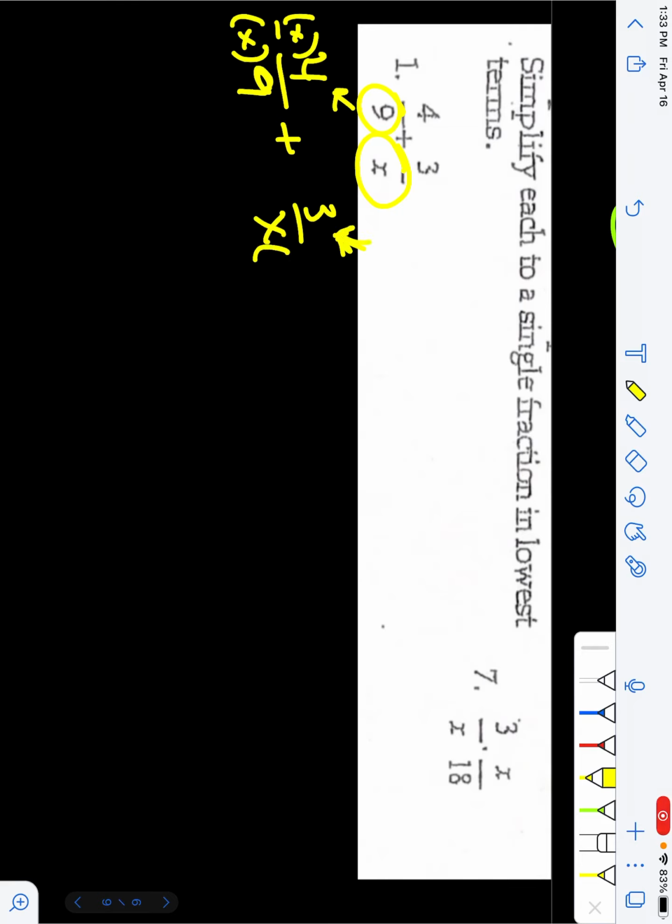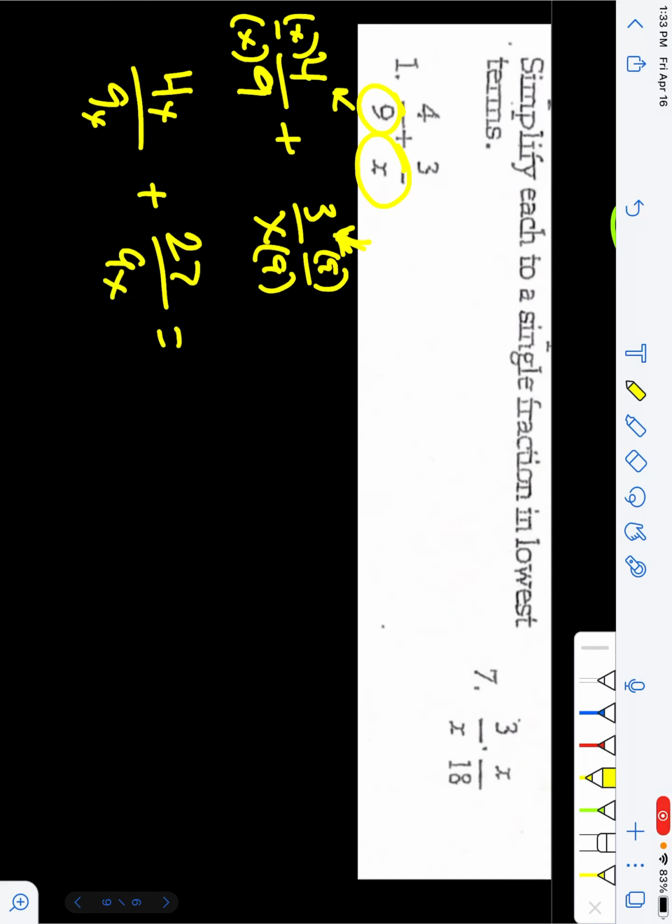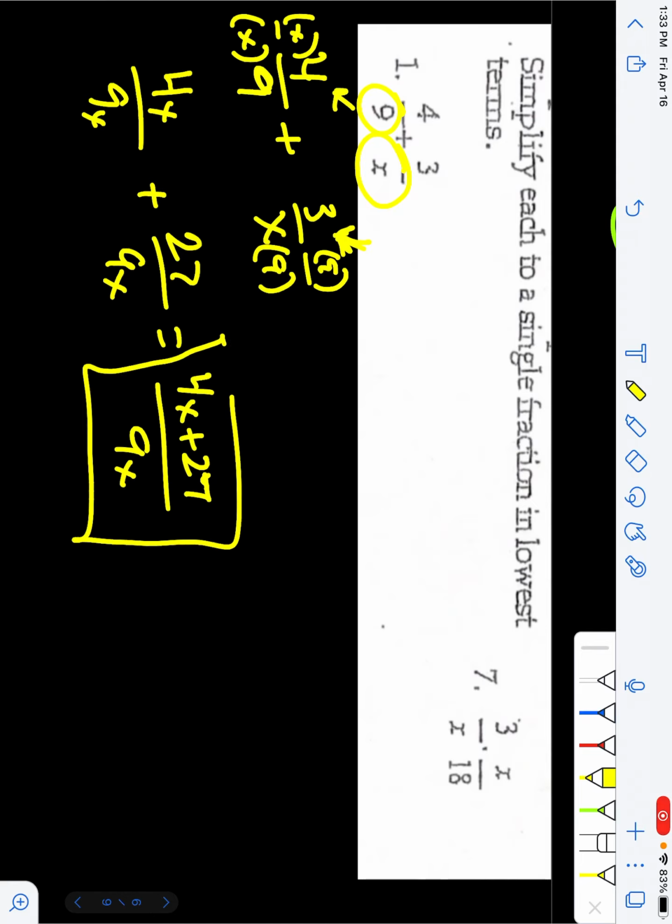This x over here is missing a 9 in the denominator, so we will multiply this by 9 over 9. So what we are left with then is 4x over 9x plus 27 over 9x. Now that we have common denominators, we can simplify. We cannot combine anything on the top, so this is the simplest form that we can get right here, writing it as one fraction.